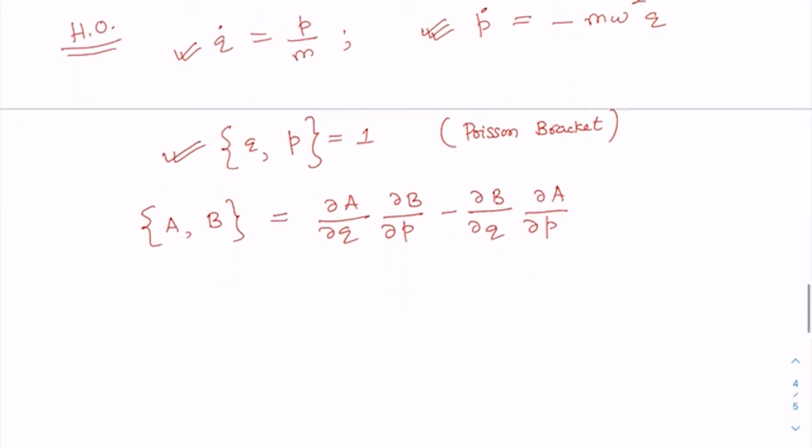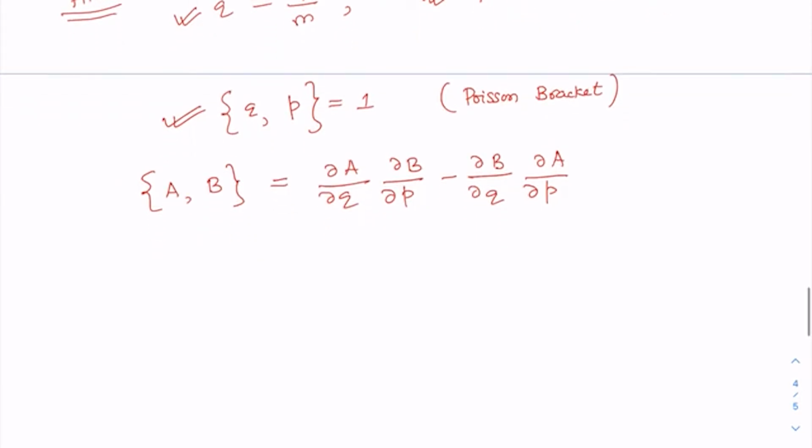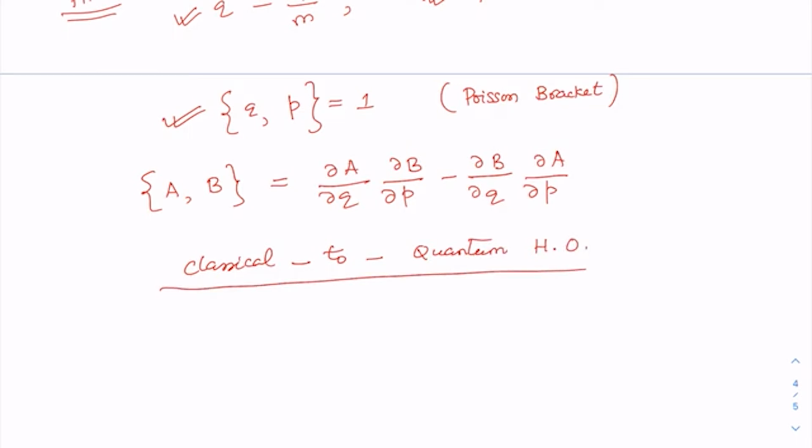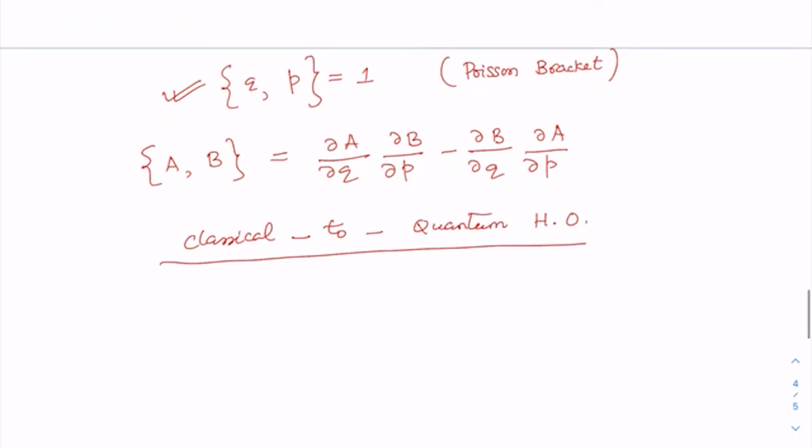And now, knowing all these things, we can easily go from the so-called classical to the quantum harmonic oscillator, and this transition is very simple. This transition is known as canonical quantization.